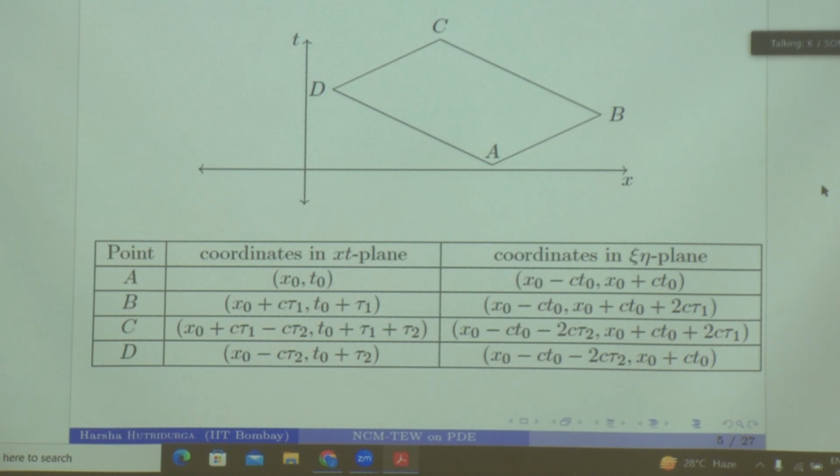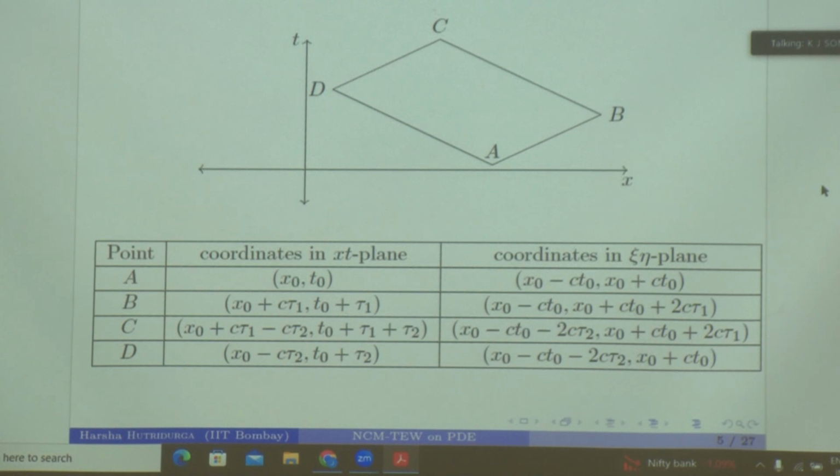This is t naught plus tau 1, this is the other point, tau 2 here, and this is t naught plus tau 1 plus tau 2. Okay. So if you want to arrive here at some point C, this fellow we are saying it should have slope minus c.